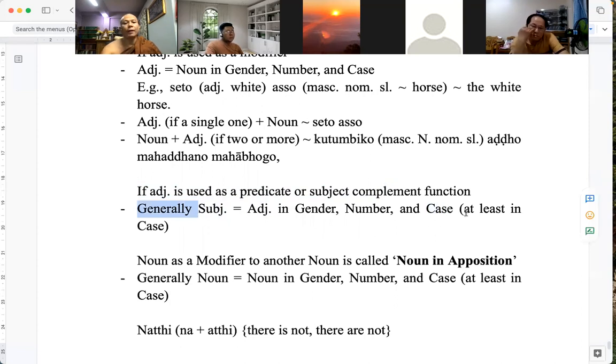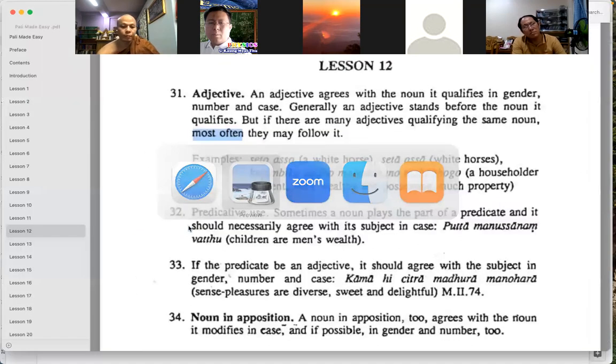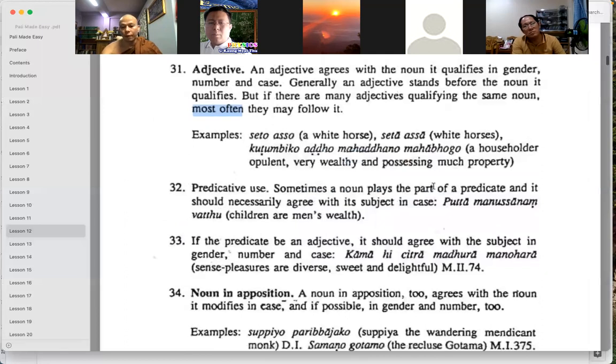But at least they must be the same in case. Gender and number have a chance to be different, but case unavoidably must be the same. So that is in the example, where the predicate function is used.